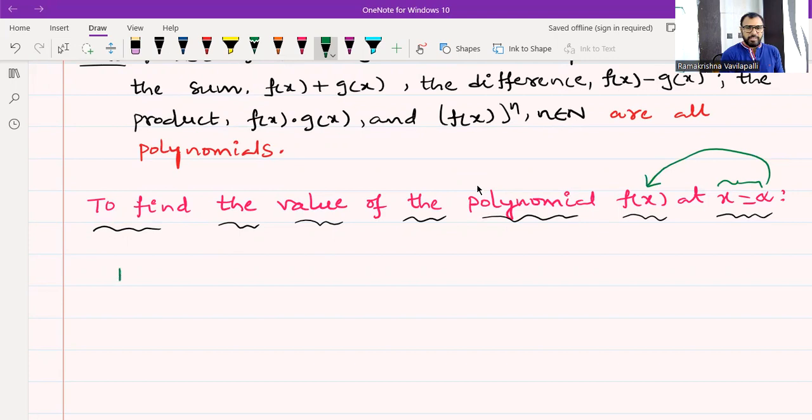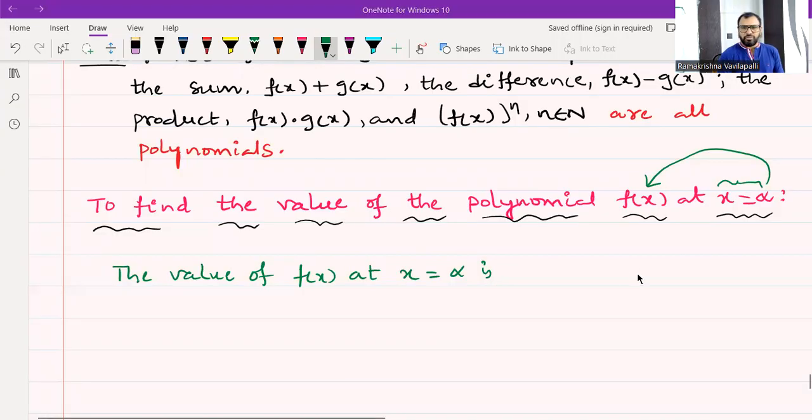So the value of f of x at x equal to alpha is simply f of alpha, means in place of x, we just write the number alpha. Alpha is a number. For instance, I'll give you an example.